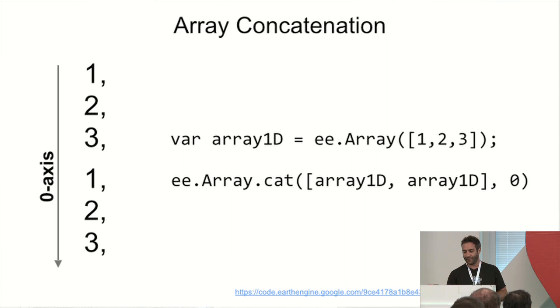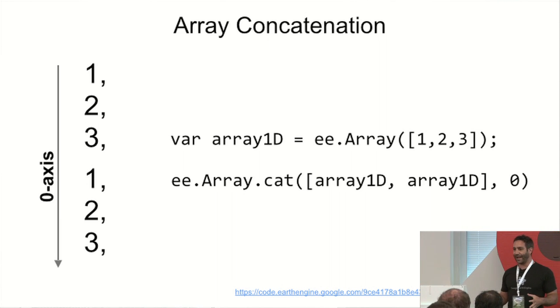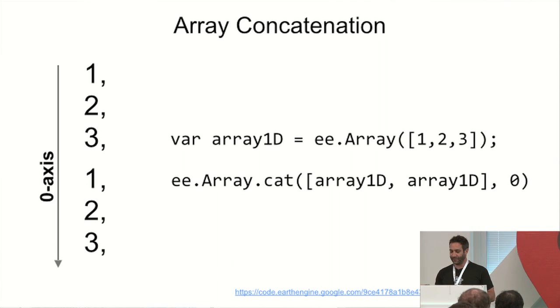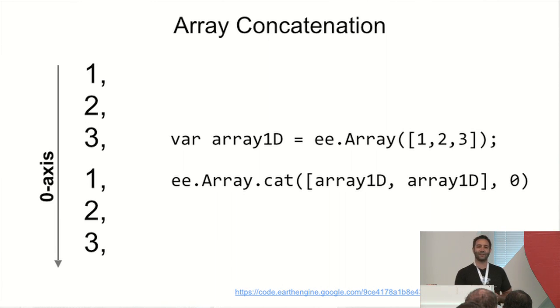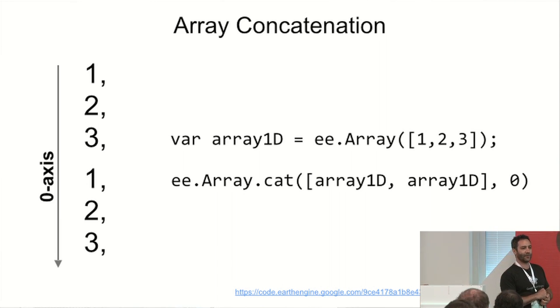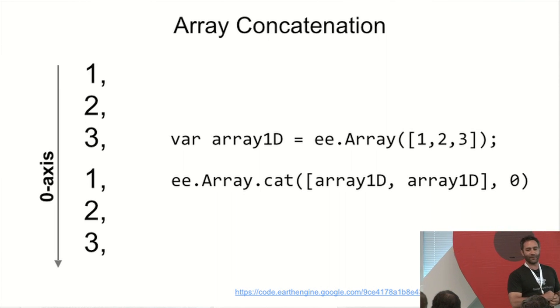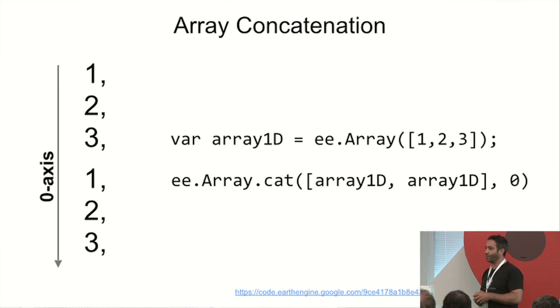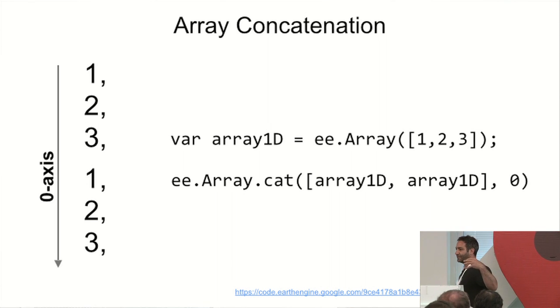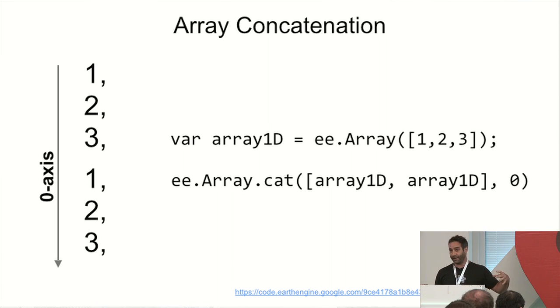So that's where this cat comes from. That means concatenate. And the argument to concatenate is a list of the things that you want to concatenate. And the second parameter is the axis along which you want to do that concatenation. So in this case, we have 2 length 3 things. We want to concatenate them along the 0 axis. So you tell it that, hey, I've got 2 things in this list. We want to put them together on this axis, and that's what you get.